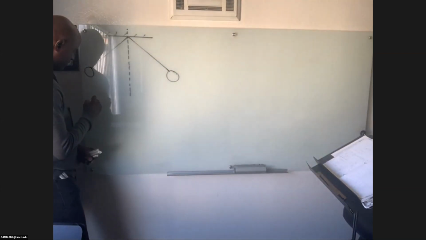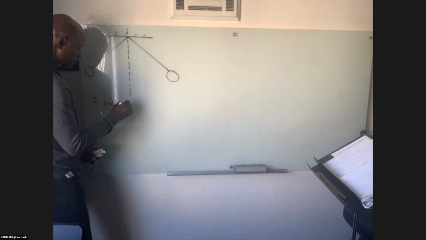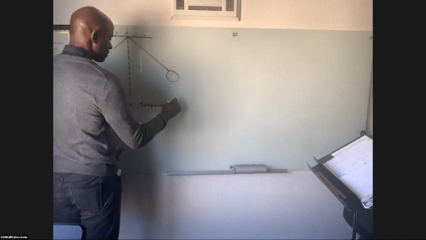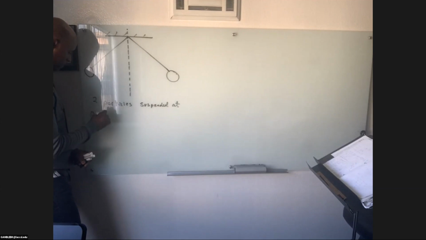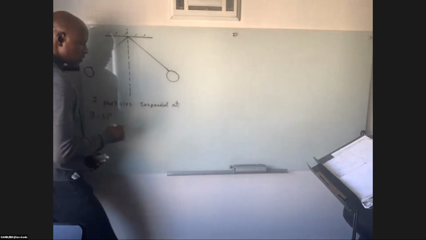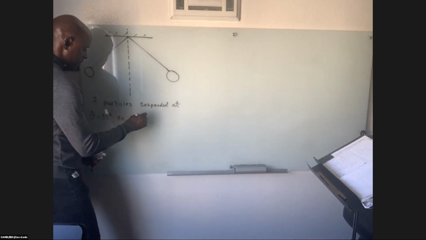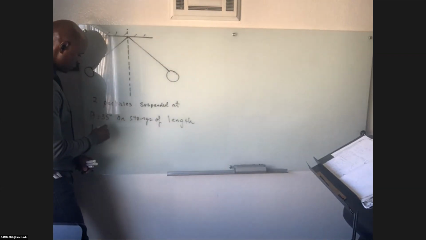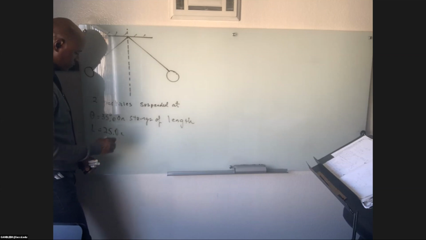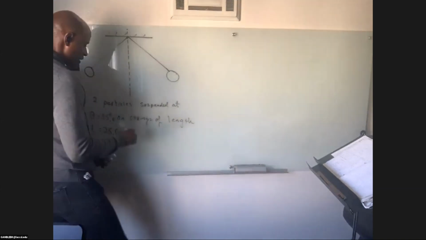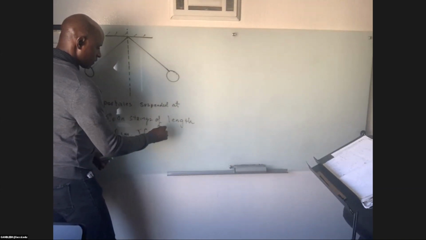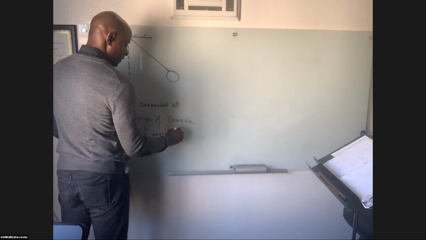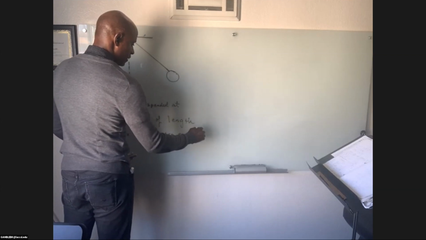So two particles suspended at 35 degrees with strings of length L equals 25 centimeters. Let's say the masses are 0.15 grams.